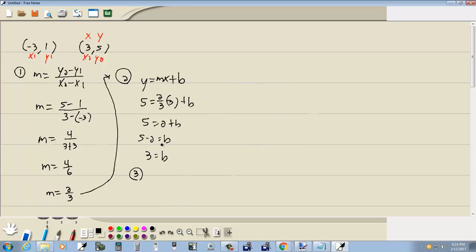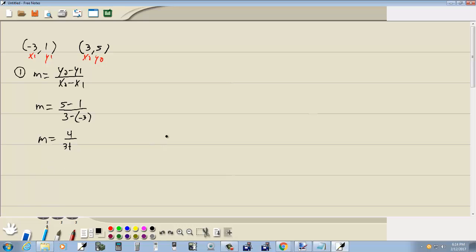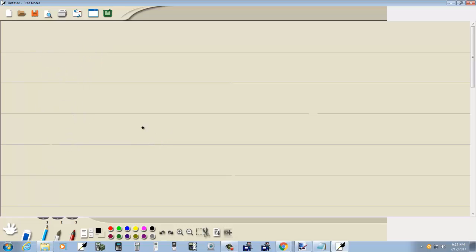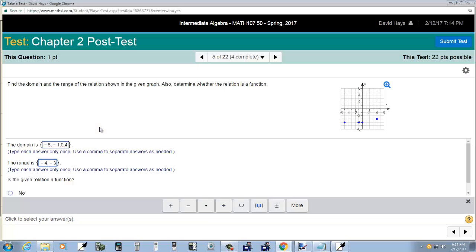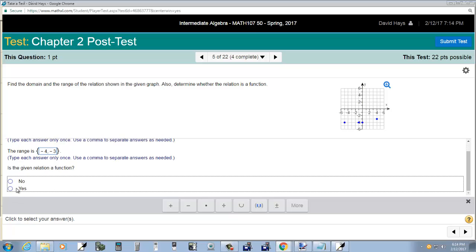If you had a different graph where, for a particular x value, I had a point up here and a point down here, maybe this point up here is 2, 3, and this point down here is 2, negative 4. See how for this x value there are two different y values? So basically, when points line up vertically, that's where you have an issue. So the given relation is a function, yes.